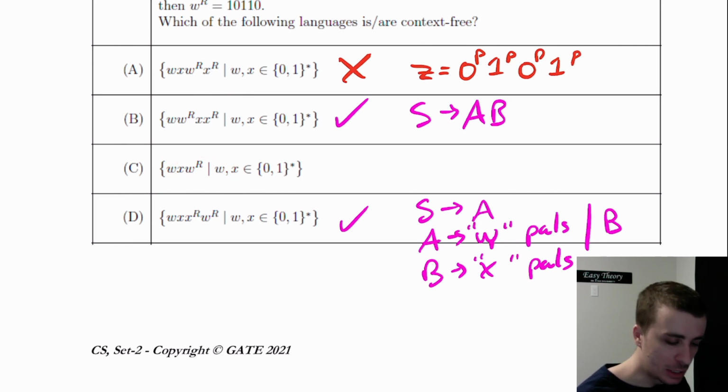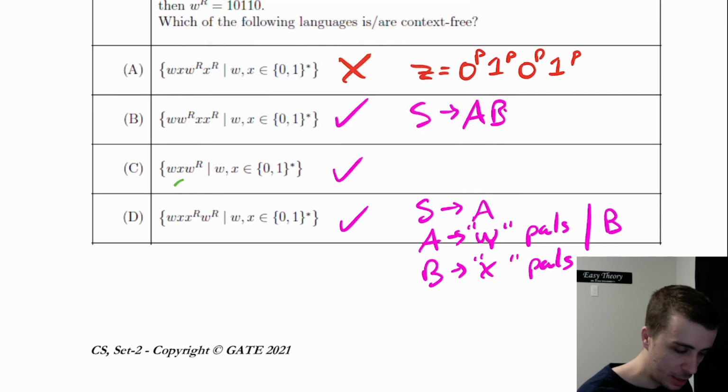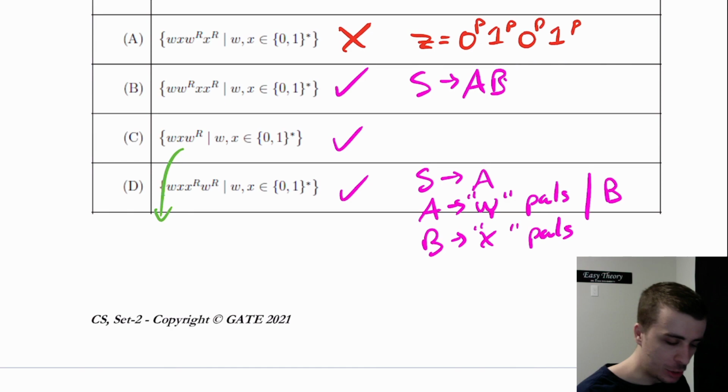C is context-free. So why is this one context-free? Well, maybe I'll go down here. What we can do is have S make the W palindromes, or A, the variable A, which makes anything.